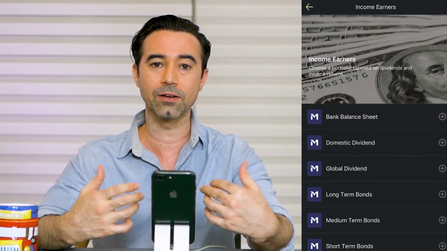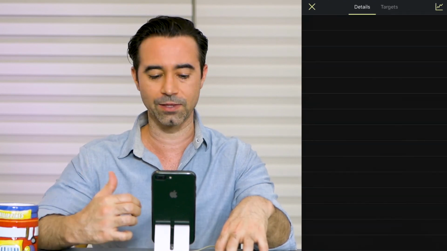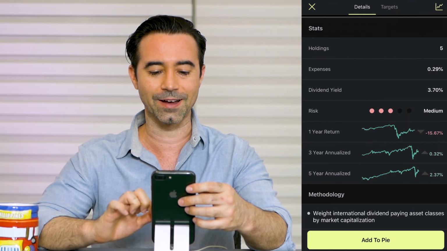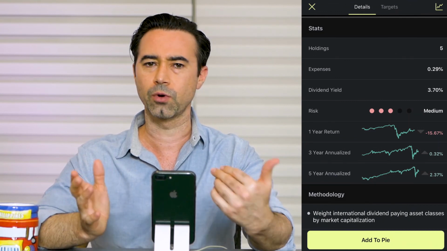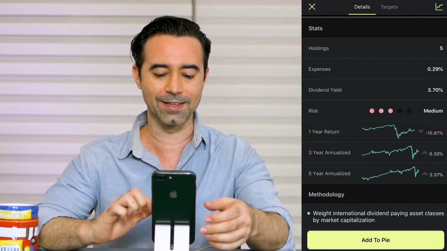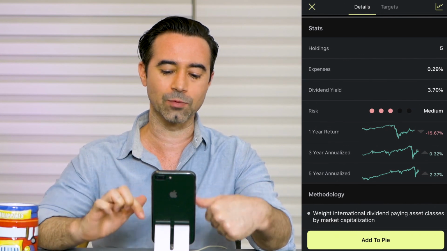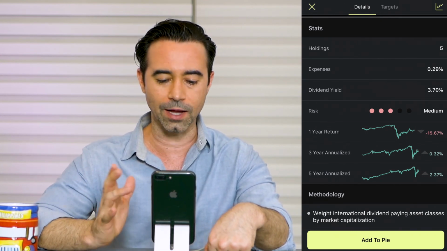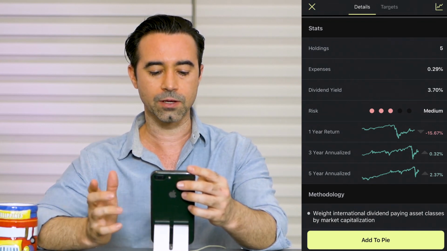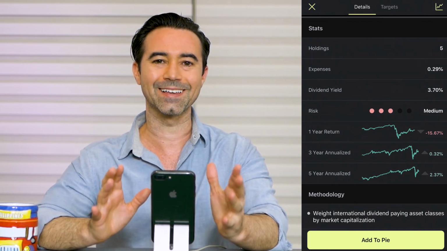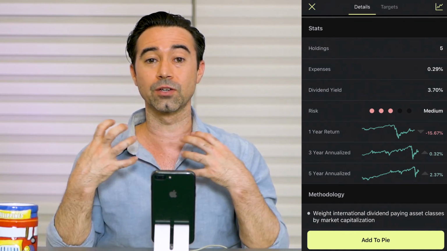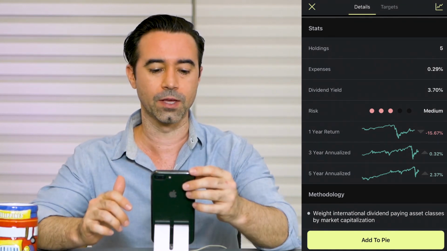If you want stocks both in the US and outside the US, this is a global dividend fund, and it's going to invest in stocks that are growing their dividends or at least pay dividends. The dividend yield on this is 3.74%, but again, the expenses are a little high, 0.29%. These are all pies geared towards generating income for you.